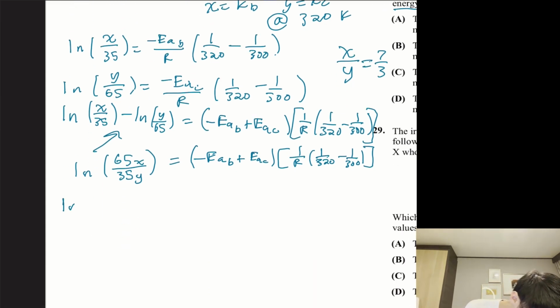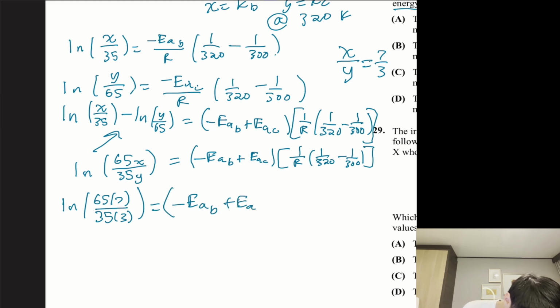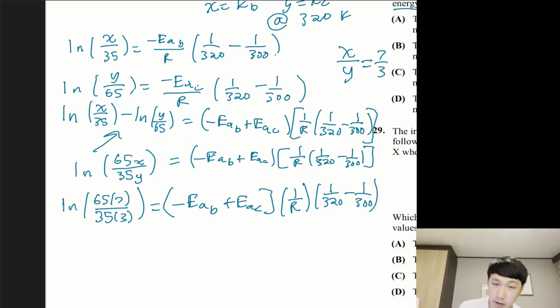So we have natural log of 65 times 7 divided by 35 times 3 equals negative EAB plus EAC, and then 1 over R, 1 over 320 minus 1 over 300, and R is a constant.